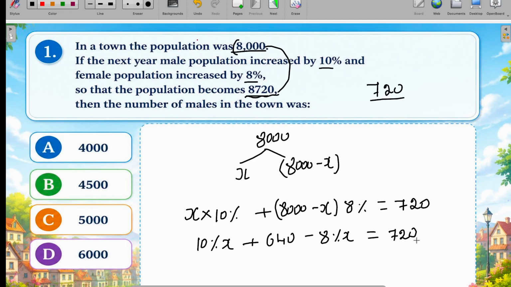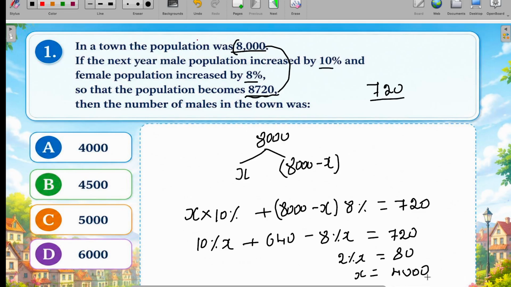Shifting 640 to the other side, 720 minus 640 is 80. Then 10 percent minus 8 percent is 2 percent of X. Then X will be 40 into 100, that is 4,000.